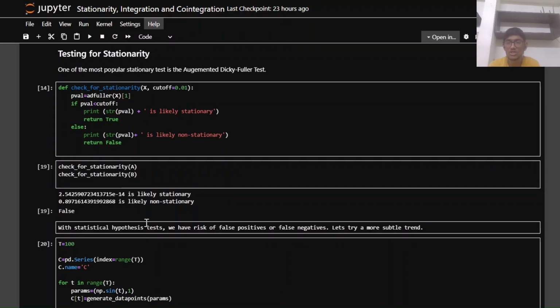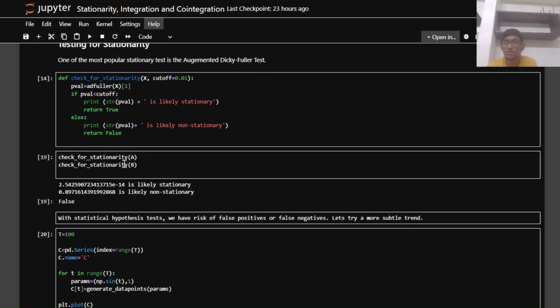So I've defined a function check_for_stationarity, set a cutoff to be 0.01, and used the adfuller function from the module that we imported above. If your p-value is less than the cutoff, then it's likely that your time series is stationary, and if it is above the cutoff, then it is likely not stationary, right?